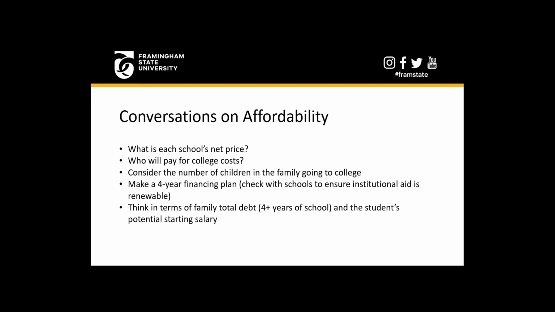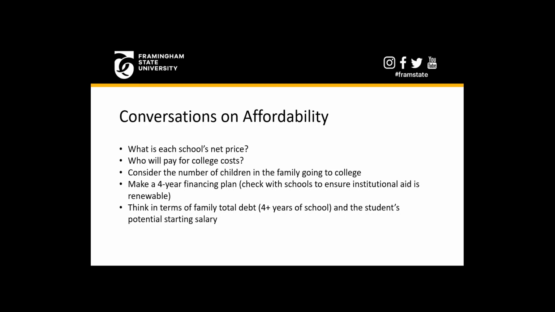Families should start having honest, open conversations about affordability as early as possible. So once you determine the net price of each school, you want to think about who is going to pay for the college cost. You want to consider the number of children in the family going to college.